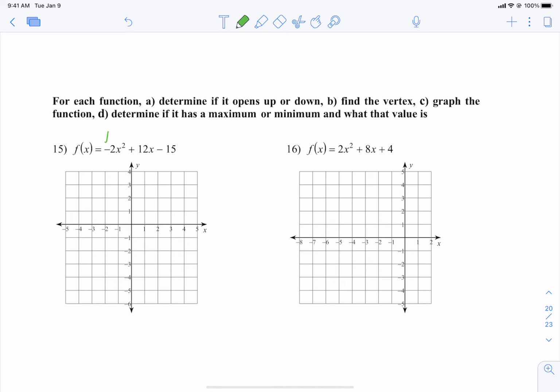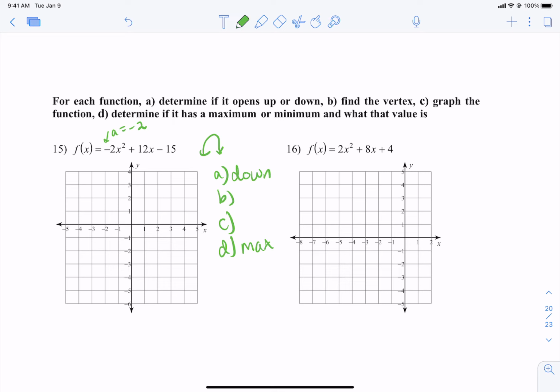So because our a value is -2, that means that our parabola is going downward, and so that means that it has a maximum. Okay, so by just looking at this front number, if it's negative, it's opening downward, and we have a maximum. So we can answer A and part of D.